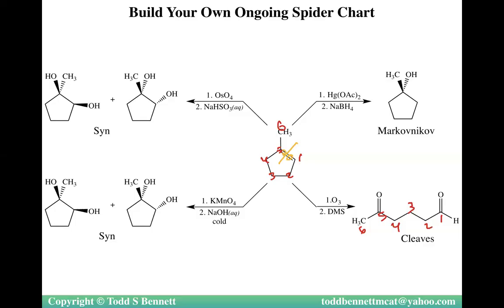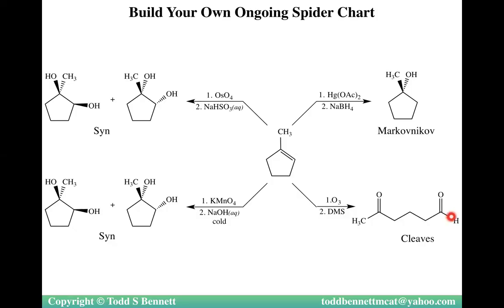You really should number. Okay, gonna get rid of my drawing and say we are done for spider charts. 12 reactions that have spin-offs. And if you really looked at it carefully, you could probably make an argument that there's about 40 to 50 reactions by making very subtle changes, like adding, instead of DMS, we'll add a peroxide.